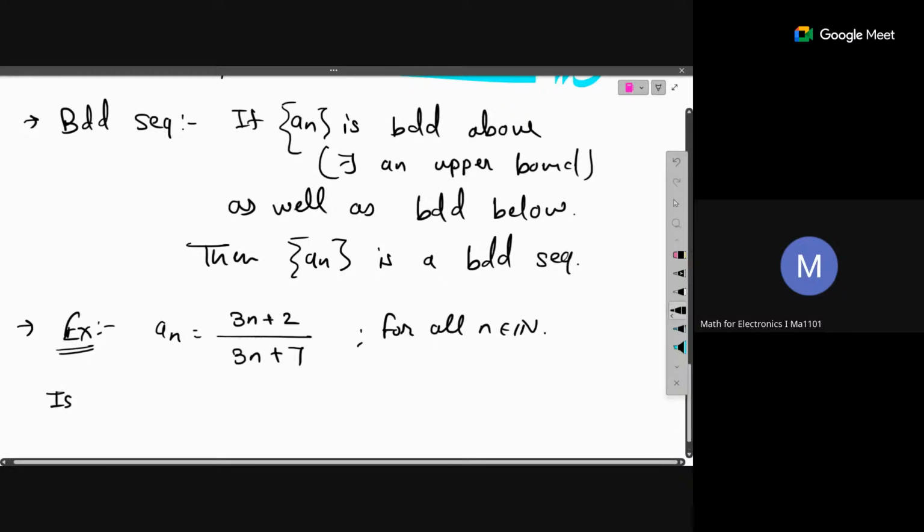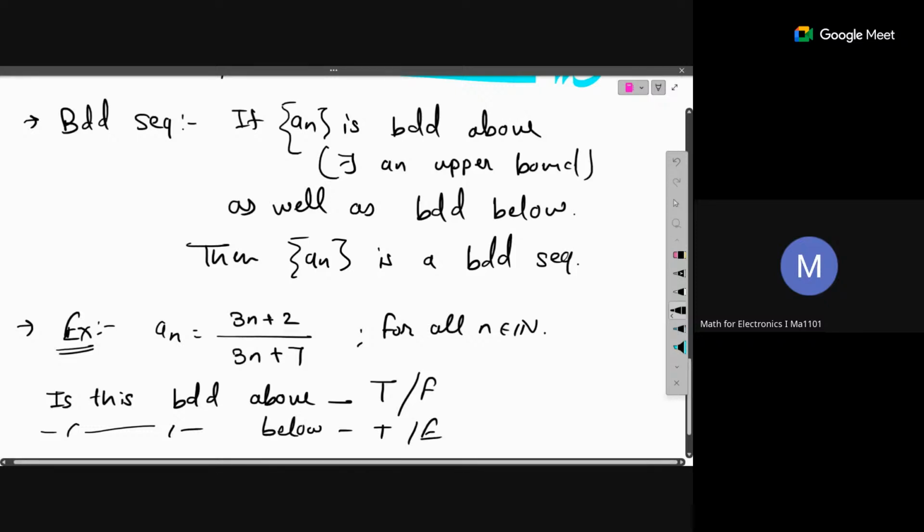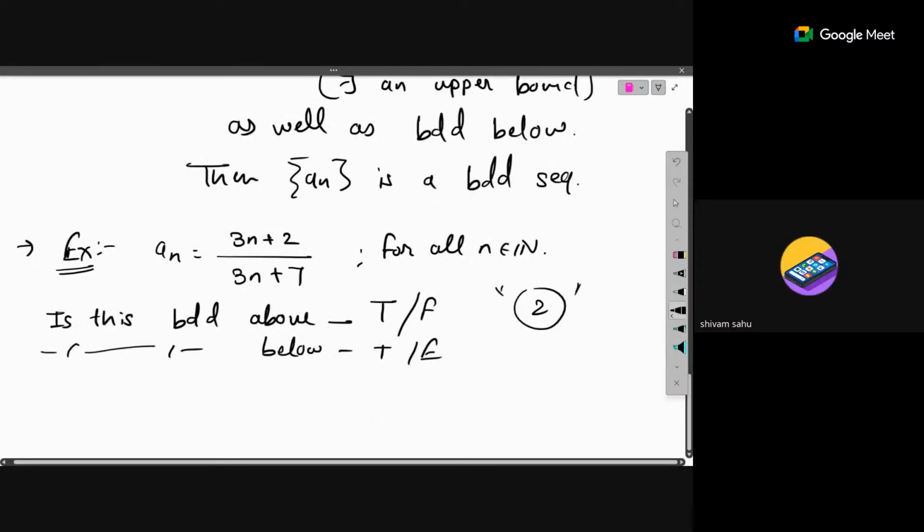Then is this bounded above? Yes or no? True or false? And is this sequence bounded below? Take 2 to 3 minutes, then I'll give you the answer. What do you guys think about this sequence?